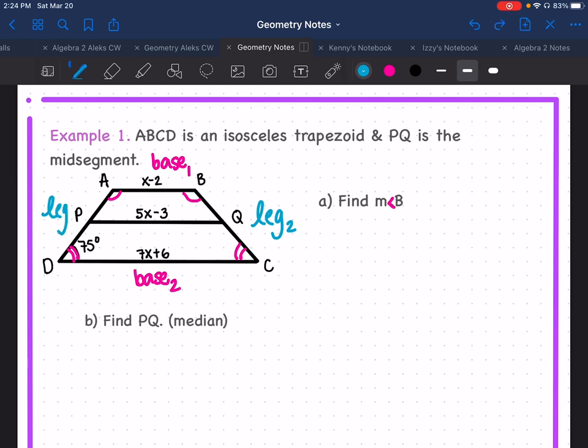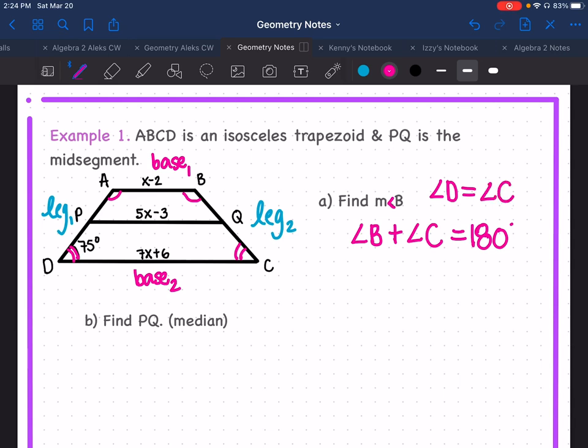Oops, I can't call them both leg 2, leg 1, there we go. And so since the angles are along the leg, that means that angle B plus angle C equals 180. Okay, well, you might be thinking, but that's not going to help, miss. But angle D that they gave me is equal to angle C, which I need to use.